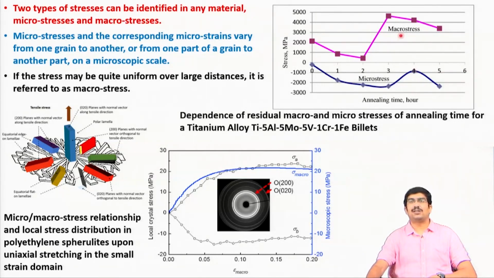So, this kind of relationship we can get between the macro stress and micro stress, but ultimately we can imagine that any material would possess two types of stresses, one extending to a larger distance, several grains, or the bulk scale, and another possibly within the grains, within the grain itself, at that kind of length scale. So, these are the two kinds of stresses, at least from X-ray diffraction, the way they influence the X-ray diffraction profile, from that perspective we can think of these two types of stresses.